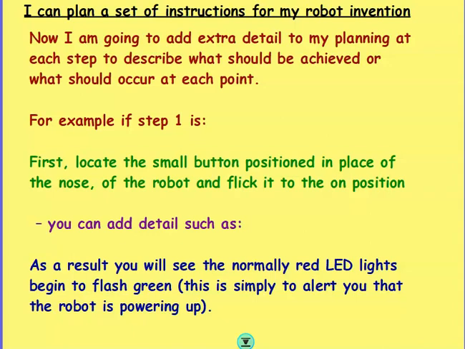So for example, if so far I've got first locate the small button positioned in place of the nose of the robot and flick it to the on position, the detail that I'd add is, as a result, you will see the normally red LED lights begin to flash green. This is simply to alert you that the robot is powering up. So I've added this bit in brackets in to make it really clear what the user is going to see as a result of turning on the button. Okay.